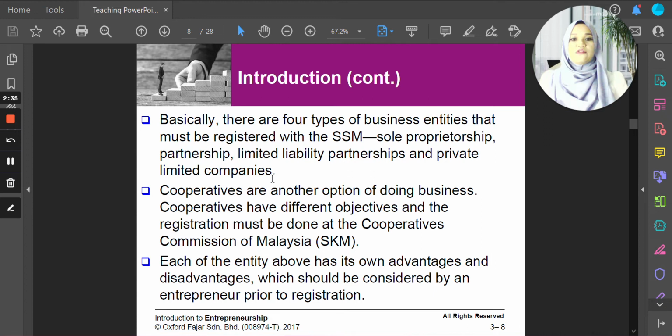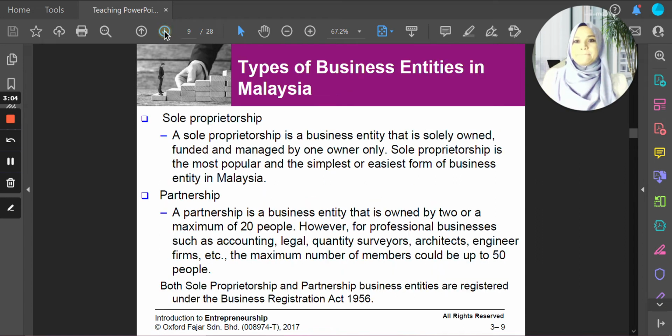Another form of business entity is the cooperative. Cooperatives have a different objective, and registration is done at the Cooperative Commission of Malaysia, SKM. Each of these entities has its own advantages and disadvantages, which you need to consider before you register.